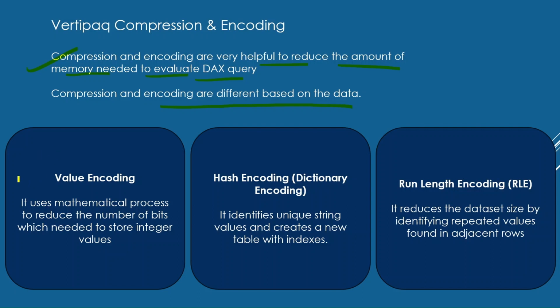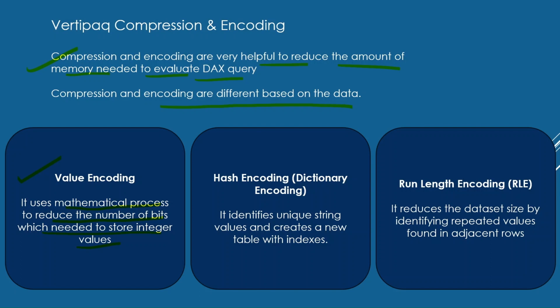One is value encoding. It uses a mathematical process to reduce the number of bits which need to store the integer value. It means that the VertiPaq engine is going to scan the data and figure out which column has integer values.